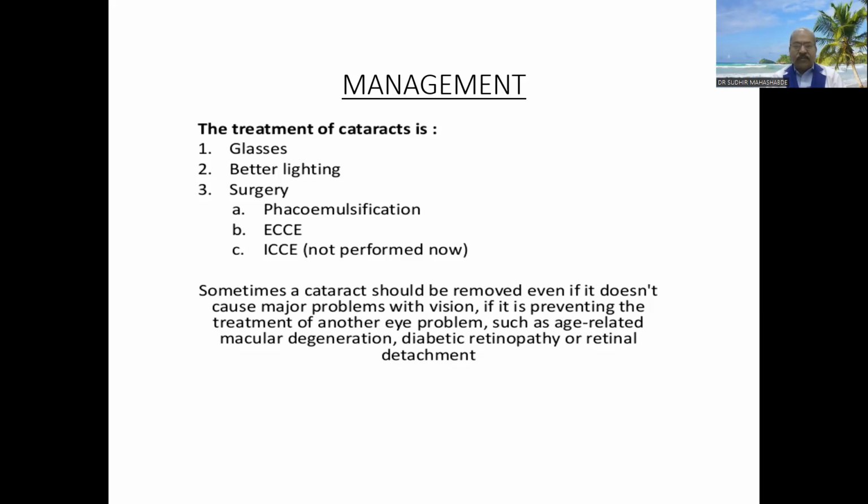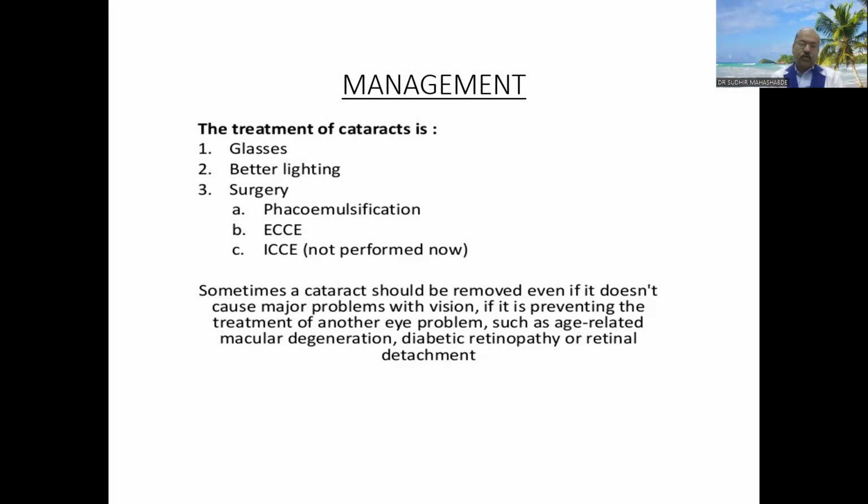Rarely, a cataract should be removed even if it doesn't cause a major problem with vision, if it is preventing the treatment of another eye problem, such as age-related macular degeneration, diabetic retinopathy, or a retinal detachment.